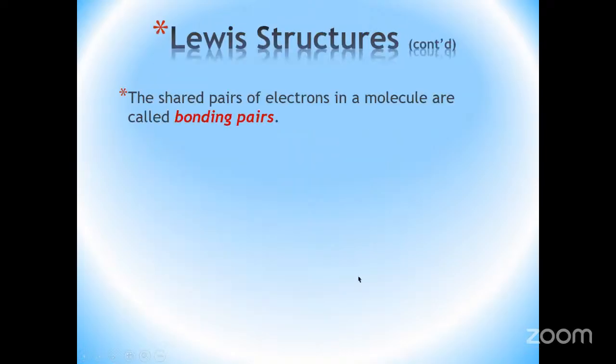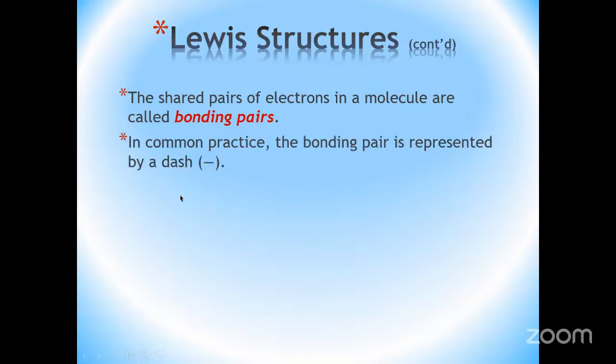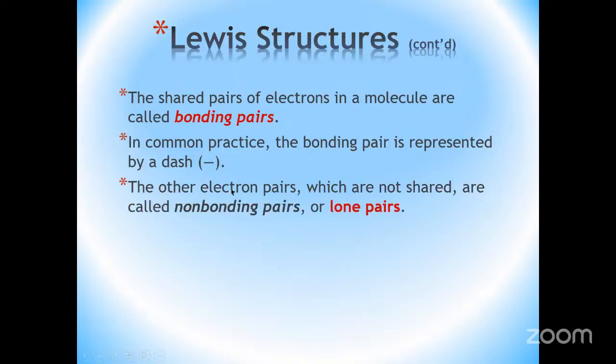So first thing I want to talk about in terms of Lewis structures is that it's important that you identify the difference between what we call bonding pairs of electrons and what we call non-bonding or lone pairs of electrons, right? So the practice that we engage in when representing Lewis structures, and in fact, when representing the bonds, is that we use lines to represent bonding pairs. And we can also use lines to represent non-bonding pairs, right?